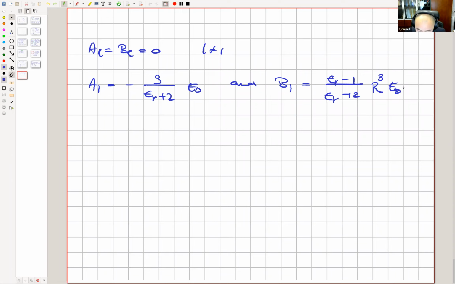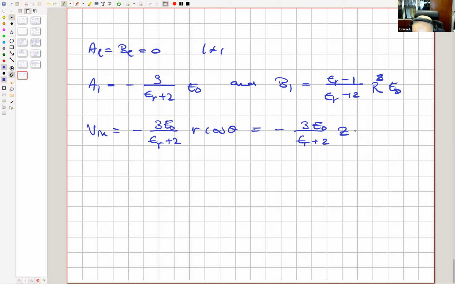And so you end up with the final answer being this, maybe 2, I think. And so V on the inside should be minus 3 E_0 over epsilon_R plus 2 times r cosine theta, which is just the same as minus 3 E_0 over epsilon_R plus 2 times z.